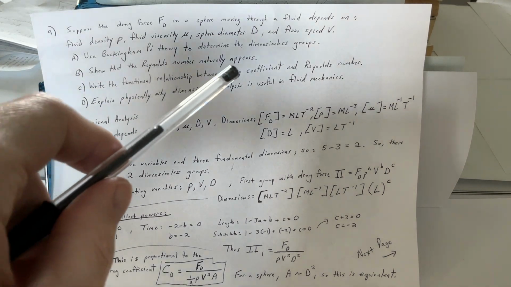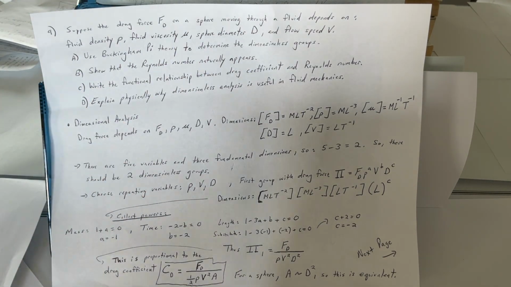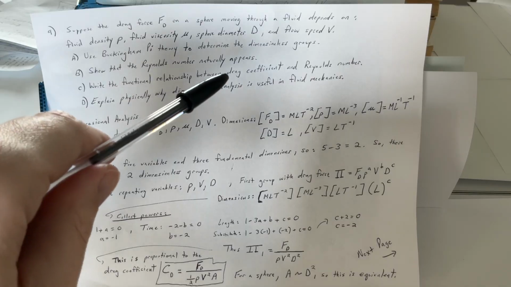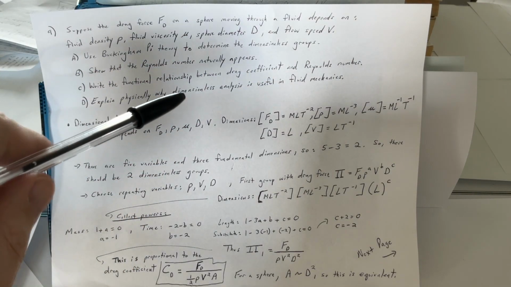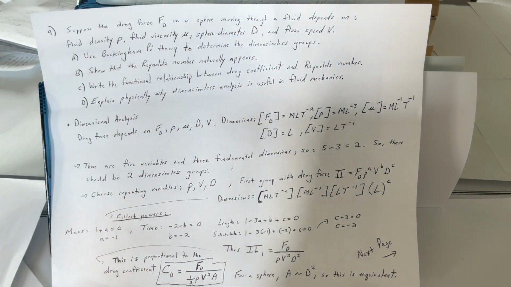Part B, show that the Reynolds number naturally appears. Part C, write the functional relationship between the drag coefficient and Reynolds number. And part D, explain physically why dimensionless analysis is useful in fluid dynamics.